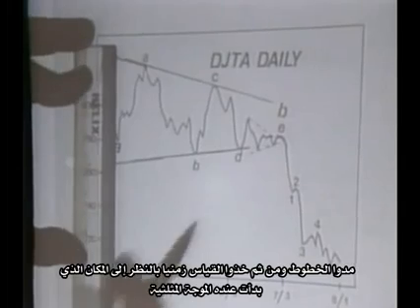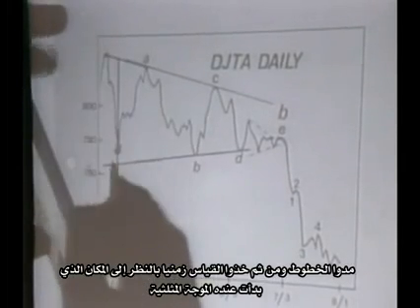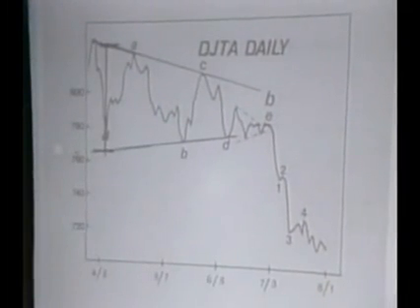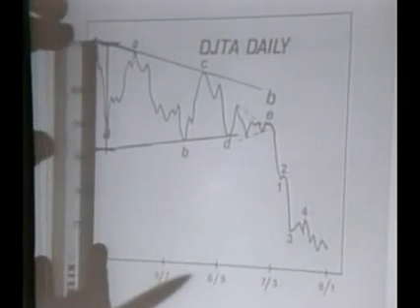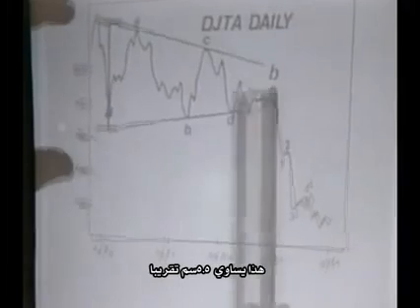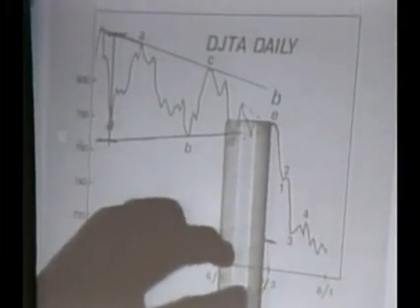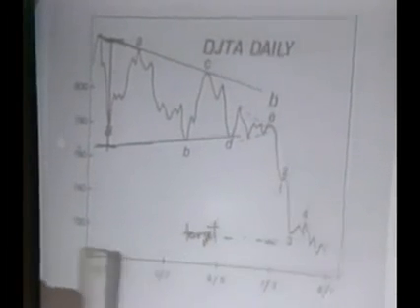You extend the lines, and then take the measurement time-wise relative to where the triangle began, and in this case subtract it from the end of the E wave. That's roughly 5.5 centimeters or so. I'd say your target's somewhere right around there.